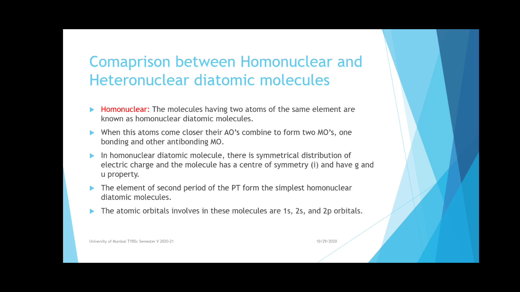As I said, whatever the number of atomic orbitals of both atoms that combine, the same number of molecular orbitals will be formed. So here, when the atomic orbitals of 2 atoms combine, there will be formation of 2 molecular orbitals. One will be a bonding molecular orbital and the other will be an antibonding molecular orbital.